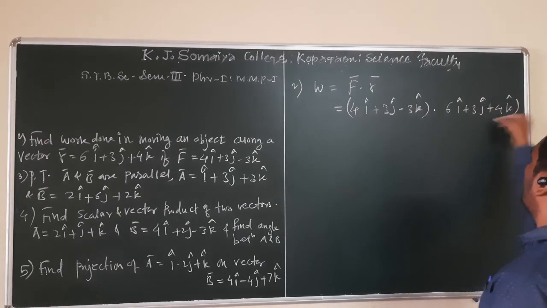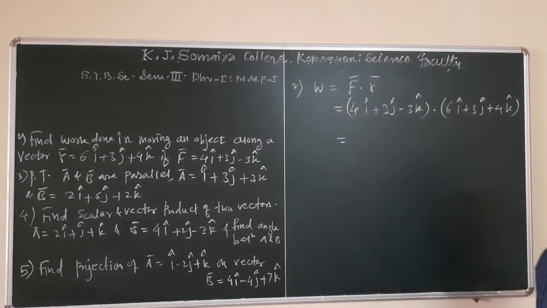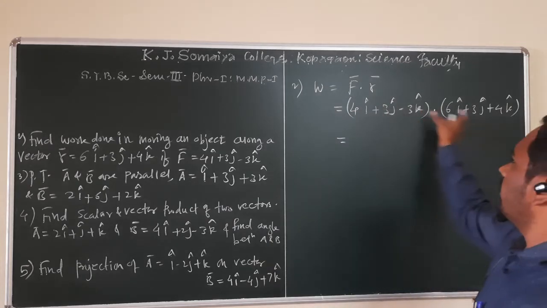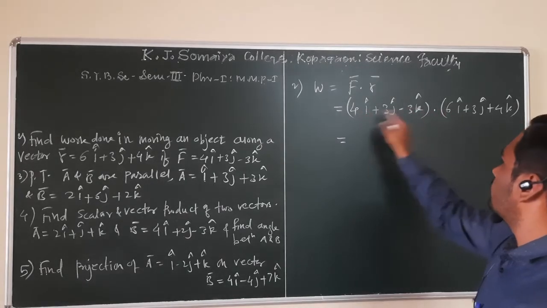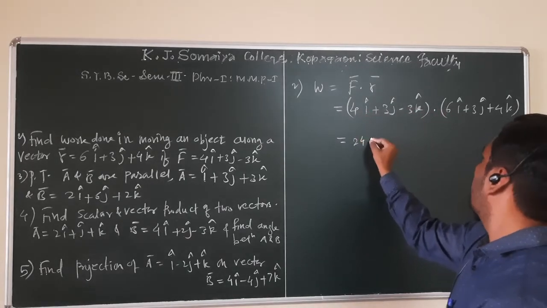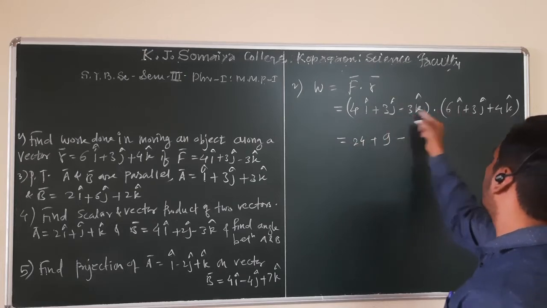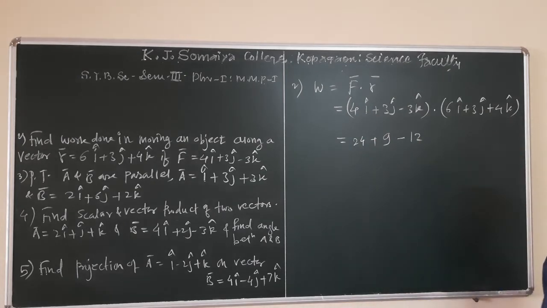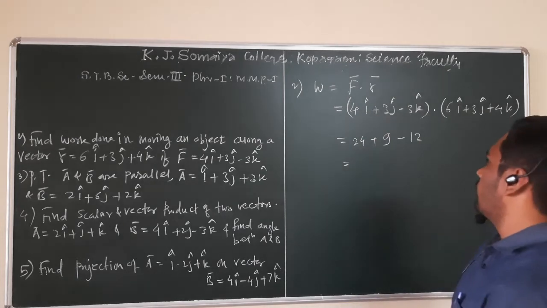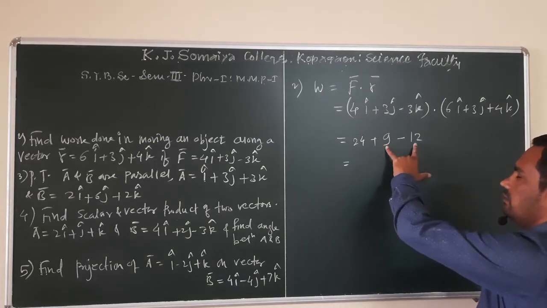Okay, so their dot product, vector A dot B in terms of components: this is the x component, this is the x component. So the product of these two is 24, plus the product of these two is 9, and minus the product of this is 12. So 9 minus 12 is minus 3.